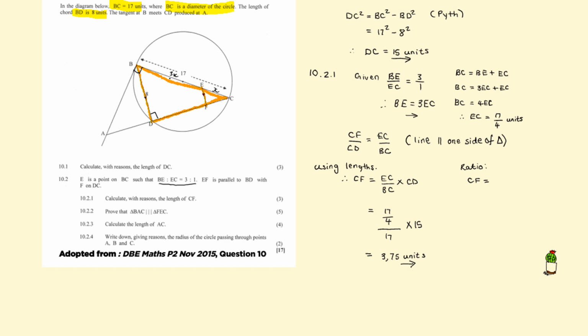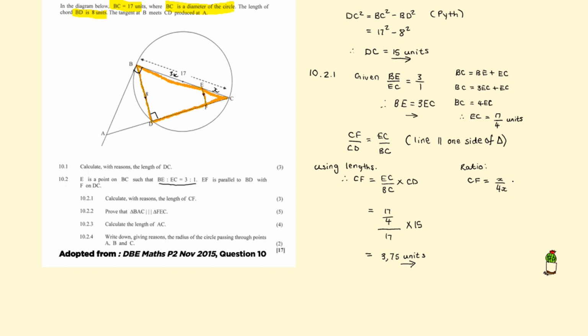This x is our placeholder so that we don't confuse this with lengths that are given. Now you want the ratio EC to BC. In terms of ratios, that will be x over x plus 3x, which is 4x.